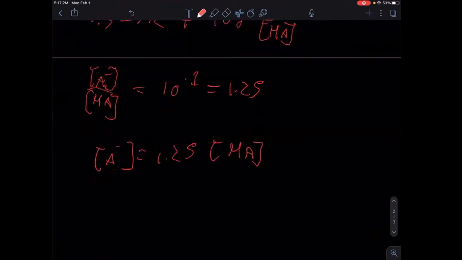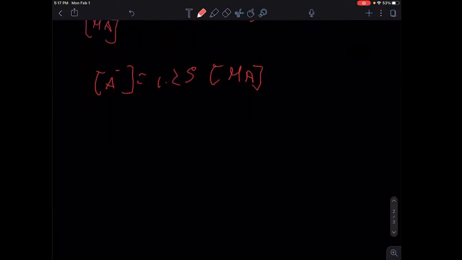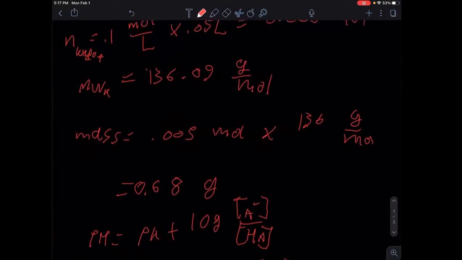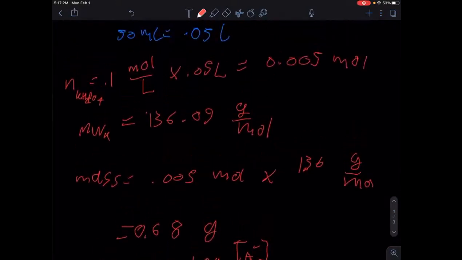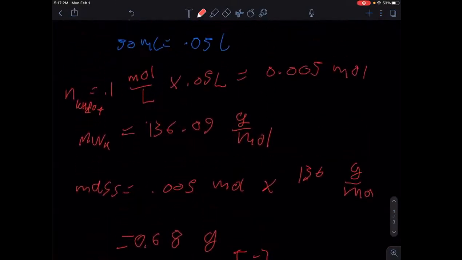HA. And then we know the original concentration is supposed to add up to, or I guess at least the original number of moles. How many moles do we say again? 0.005 moles.